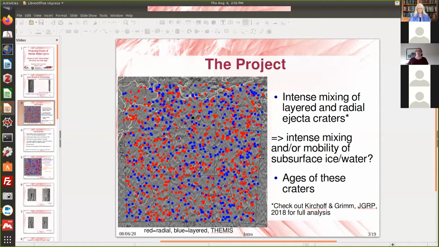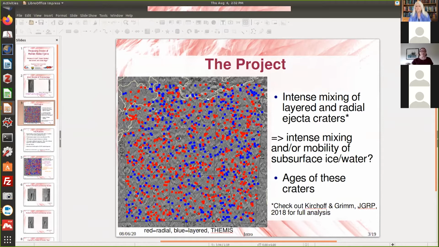We weren't the first to see this, but we thought it needed more exploration, because this could mean, assuming that layered ejecta craters formed by tapping subsurface volatiles, that there is an intense mixing and/or mobility of the subsurface ice and water.